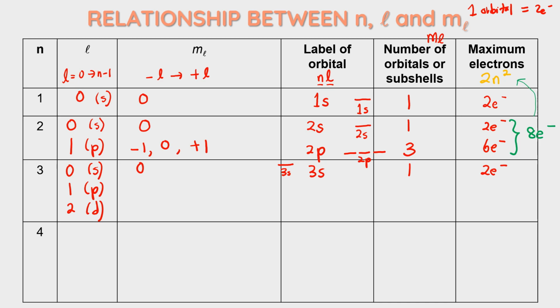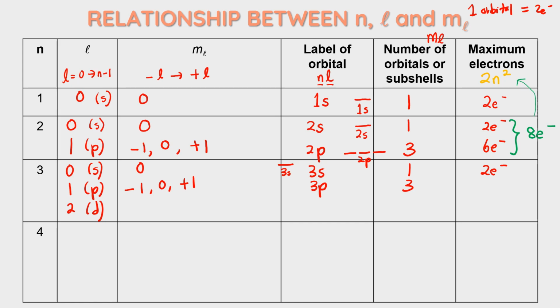Okay, next for L equals to 1. For n3, L equals to 1, the ML value can take from negative L until plus L. Label of the orbital will be 3p. So ML has 3 numbers, meaning that you are going to have 3 subshells here.